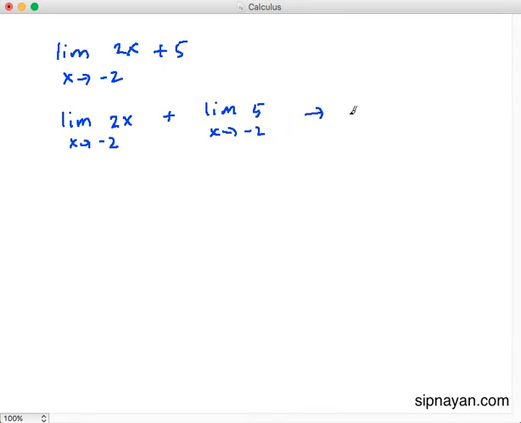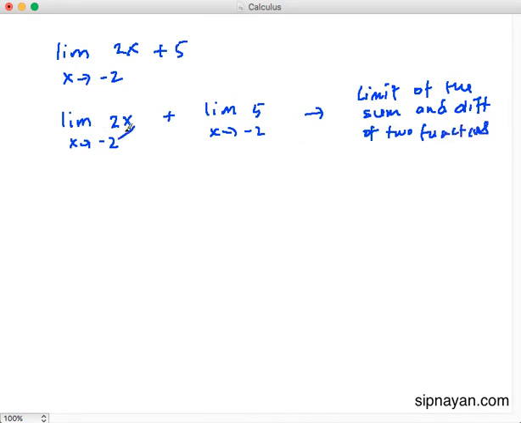This is by the limit of the sum and difference of two or more functions.